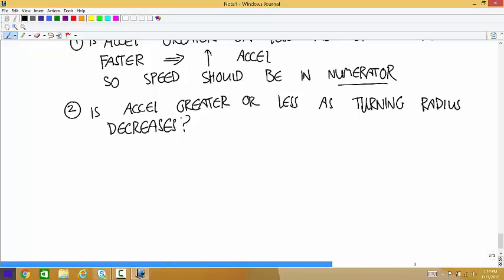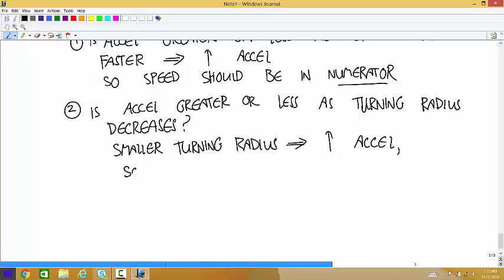Does decreasing that turning radius make you bump into your boss more or less? More. So a smaller turning radius leads to increased acceleration. So r should be in the denominator.